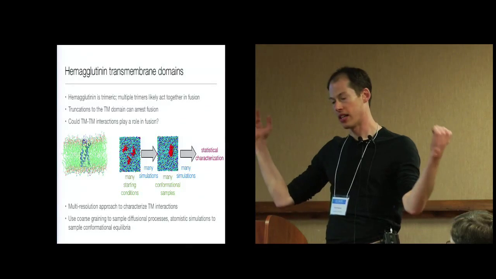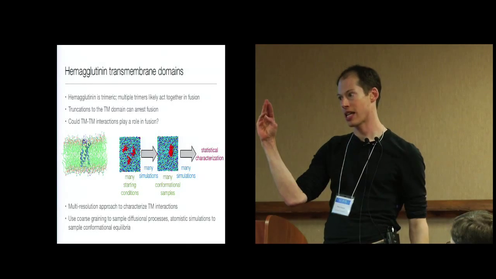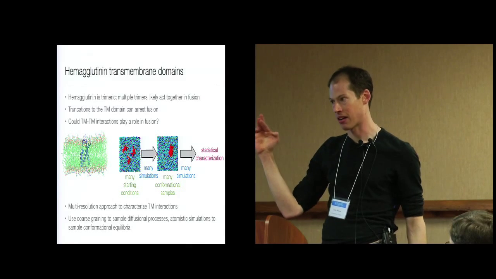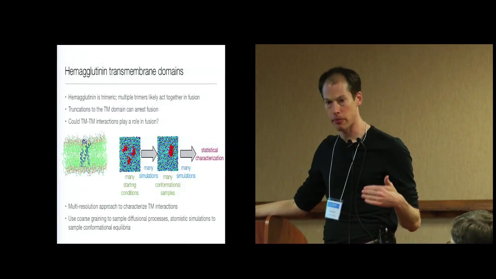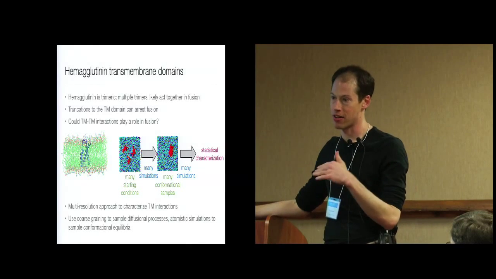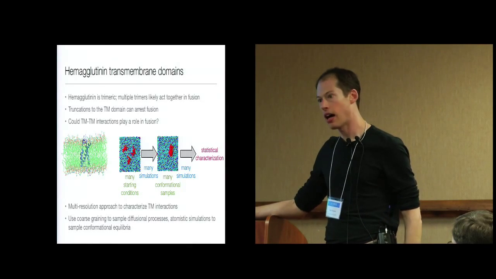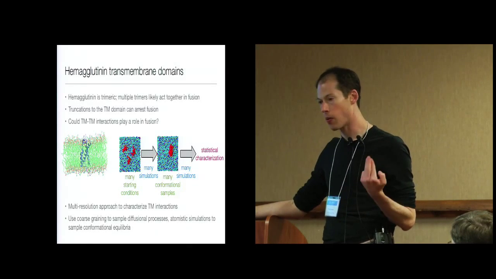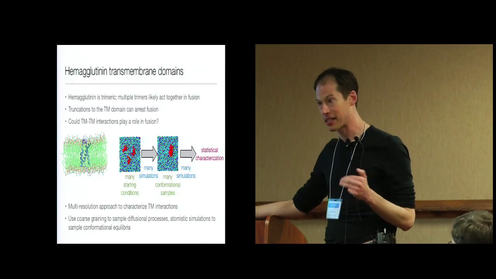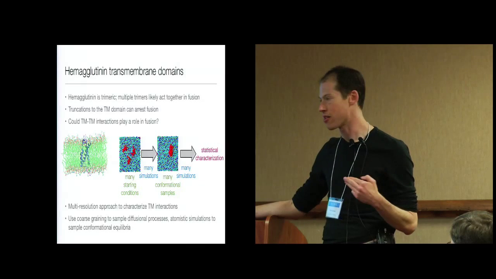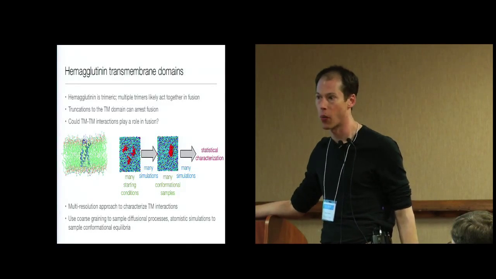And since the soluble domain is trimeric, there are at least 3 copies of this transmembrane anchor in close proximity. There may be more, because multiple trimers likely act together for optimal fusion. So we asked the question as to whether these transmembrane domains could stably interact, and then ultimately we want to ask whether these interactions could play a role in the fusion process, and if so, what might that be?